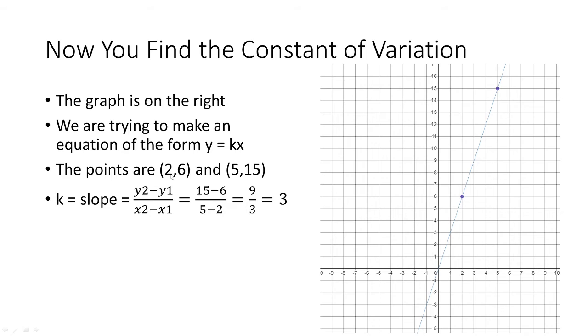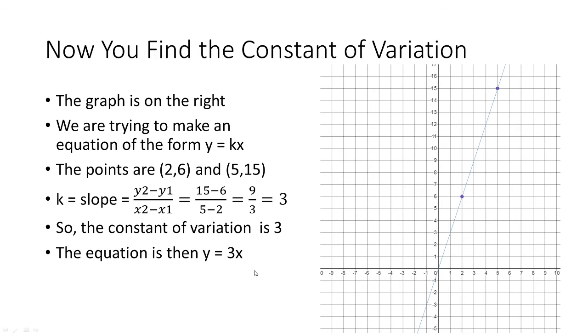I picked 2, 6 as x1, y1, and 5, 15 as x2, y2 because 2, 6 is further to the left. So I got 15 minus 6 over 5 minus 2. That gives me 9 over 3, which is 3. So the constant of variation is 3, and the equation I can write is y equals 3x.